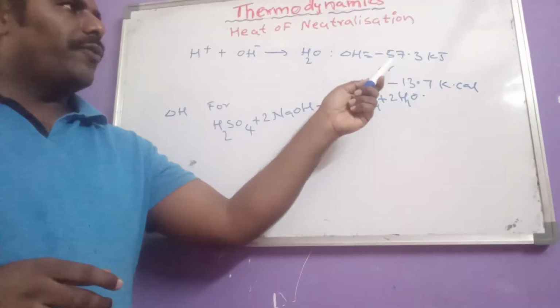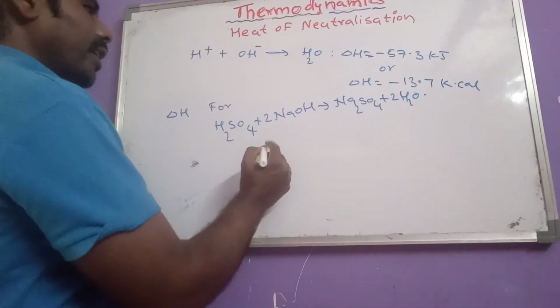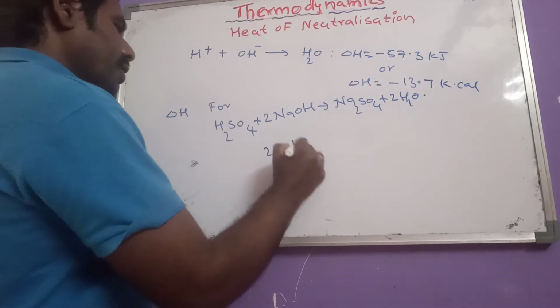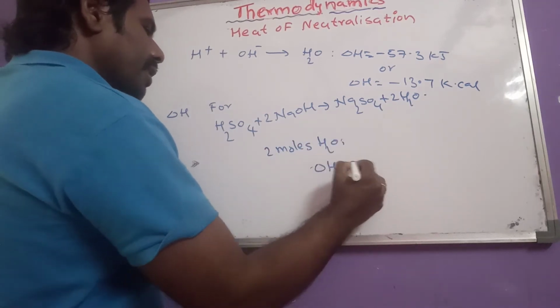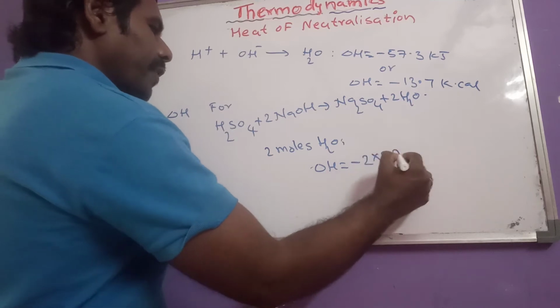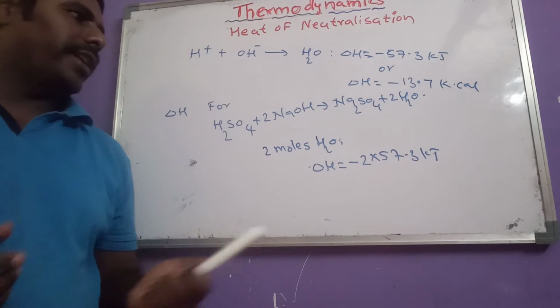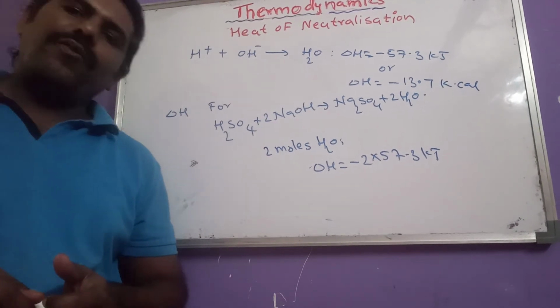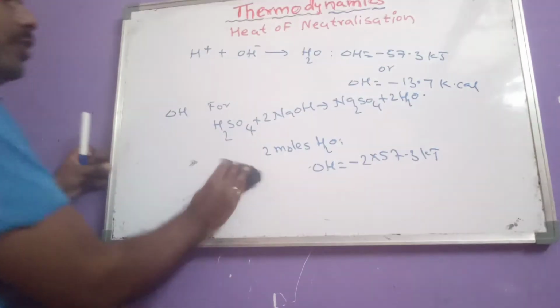For 1 mole of water, delta H value is minus 57.3. Therefore, for 2 moles of water, delta H is minus 2 into 57.3 kilojoules, which is minus 114.6 kilojoules. Like that we have to give the answer.